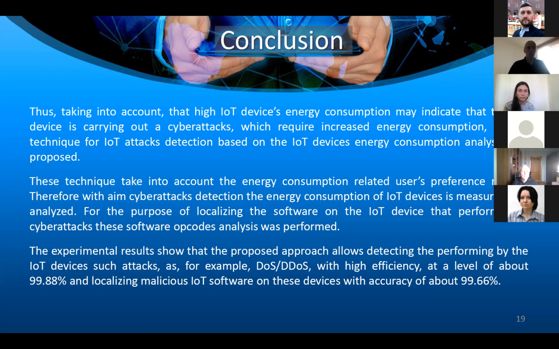For the purpose of localizing the software on the device that performs the cyber attacks, software opcodes analysis was performed. The experimental results show that the proposed approach allows detecting the performing by the IoT device of such attacks as, for example, DoS, with high efficiency at a level of about 99.88, and localizing malicious software on the devices with accuracy of about 99.66. Thank you for your attention.